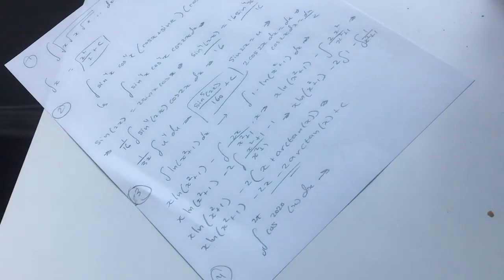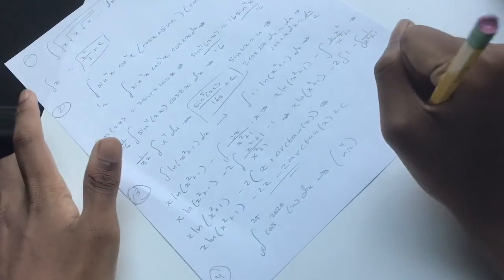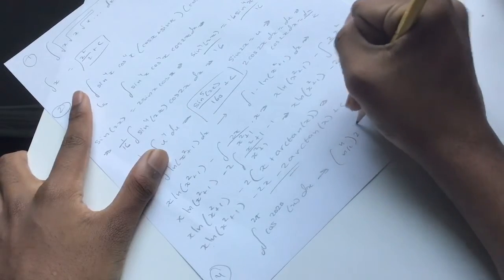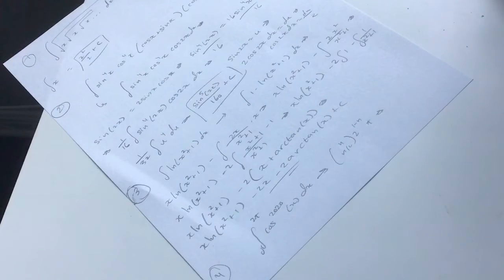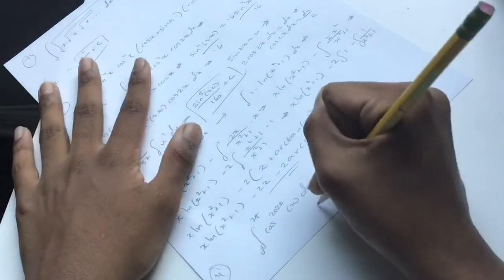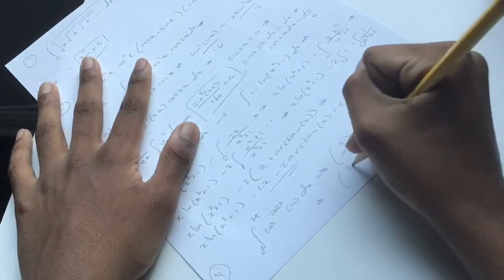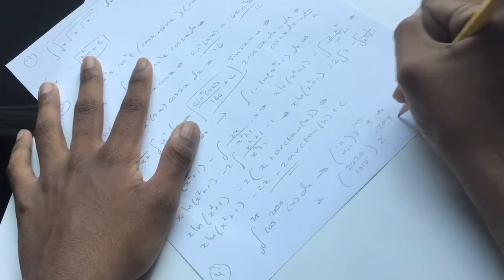Now a key formula: if we have the integral from 0 to 2 pi of cosine to the power n of x dx, I believe the reduction formula for this would be n choose n over 2 times 2 to the power 1 minus n times pi. Try to derive the formula for the integral of cosine to the n of x; I'll probably do that in a future video. So next, all we have to do is plug in. So we get 2020 choose 1010 times 2 to the power of minus 2019 times pi.